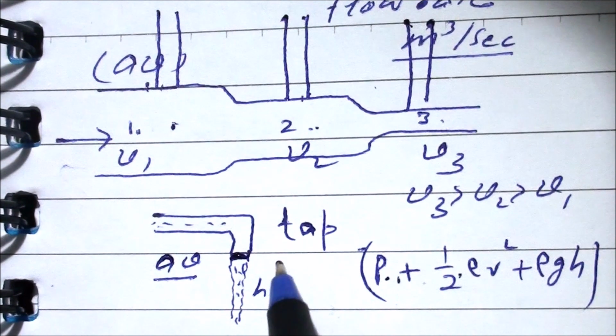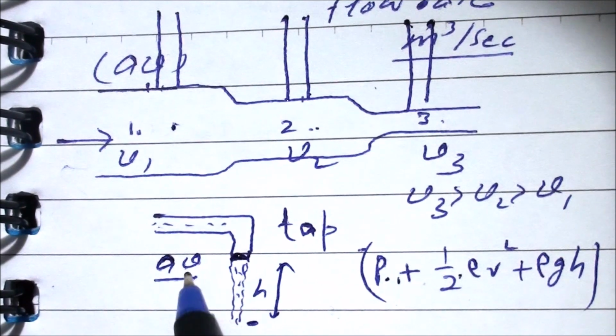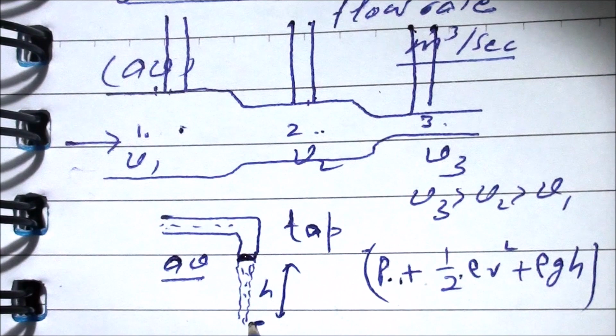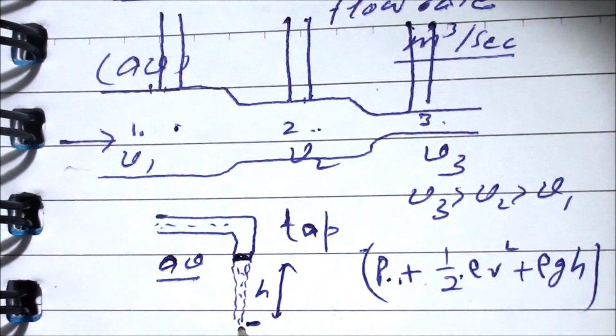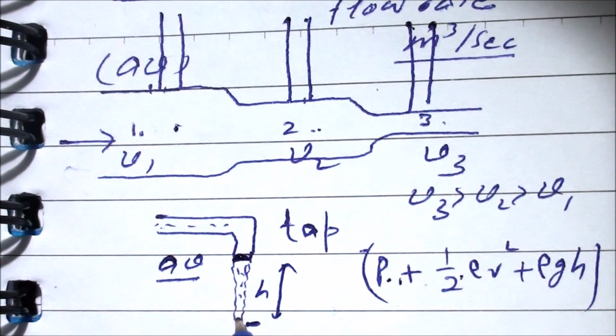If I take this distance h, and I want to calculate what is the velocity here, it's a free fall, so velocity will be under root 2gh. So velocity of fluid particles will be more here. If velocity is more, it means the area of cross section will decrease, and this is the reason why the area of cross section of this water stream decreases as water comes downward from this tap.